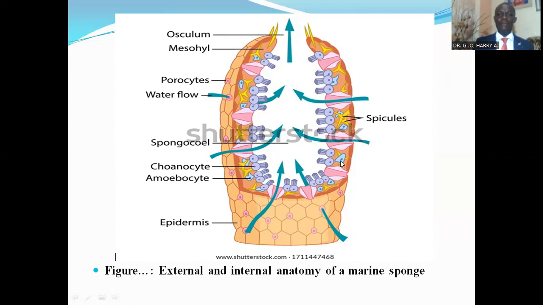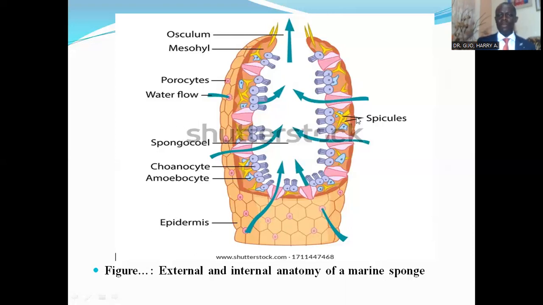Then we also have the ostia that take in water and food particles into the sponge. So water and food flow in through the ostia, and then they are expelled through the osculum. The interior of the sponge is called the spongocoel.